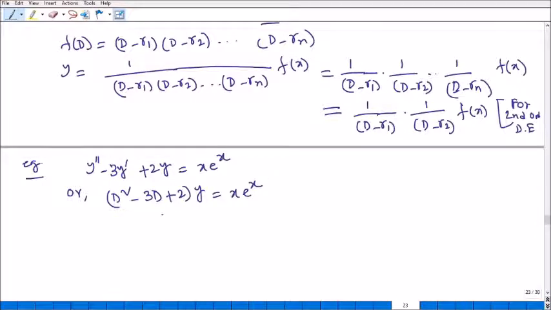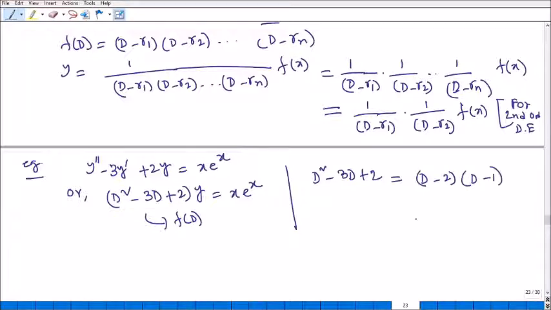Here this is the polynomial function f(D). It can be factored into two terms: D squared minus 3D plus 2 is (D minus 2) into (D minus 1).